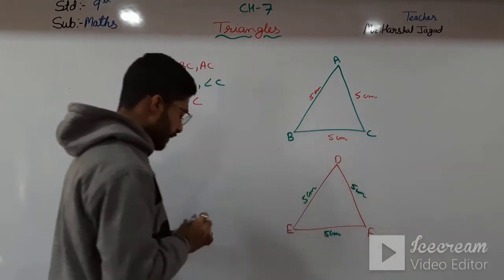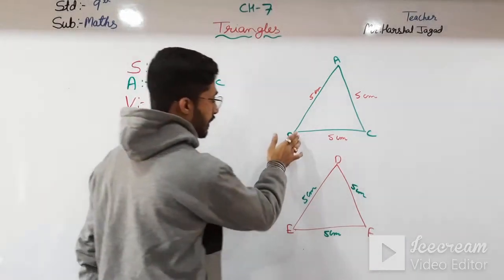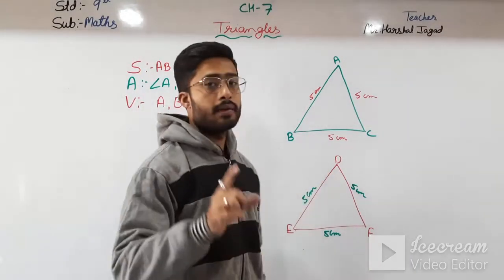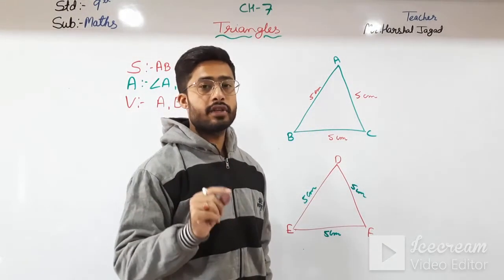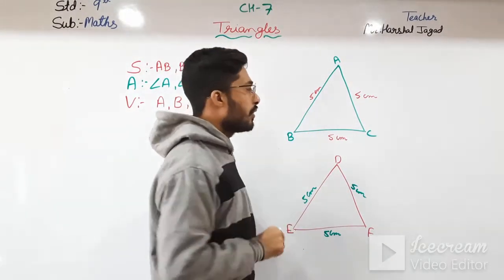Then both triangles are congruent to each other, same in shape and size, so they are known as congruent.